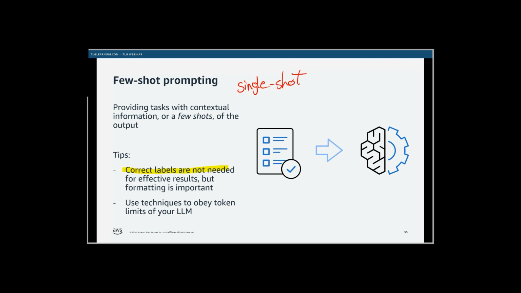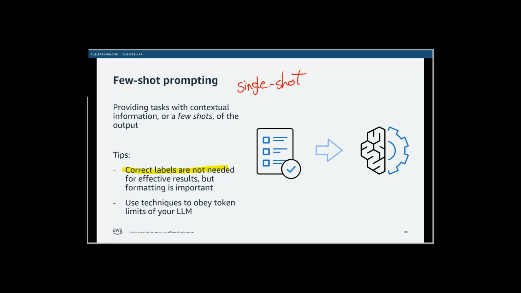The label doesn't have to be true or accurate for the particular situation we're dealing with. It's the mere fact of providing a label that gives the LLM the idea of what the desired answer might be, a desired format of the answer, or the type of answer. Just the way LLMs work, you don't necessarily need to be presented with ground truth to end up giving you an accurate answer.